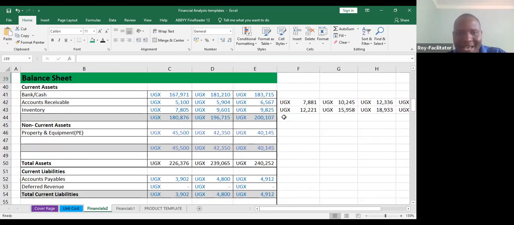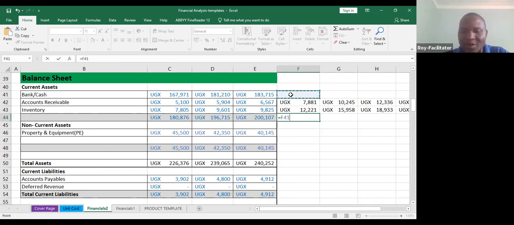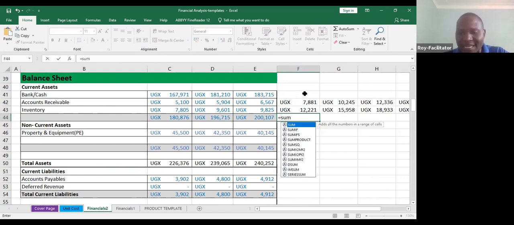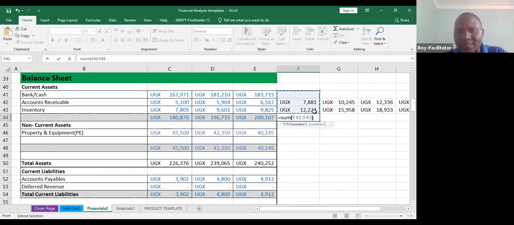Here I can capture the total. I've not yet computed cash, but it's part of the calculation. So I'll put equals to sum, or you can add specifically, but I like using the sum function.